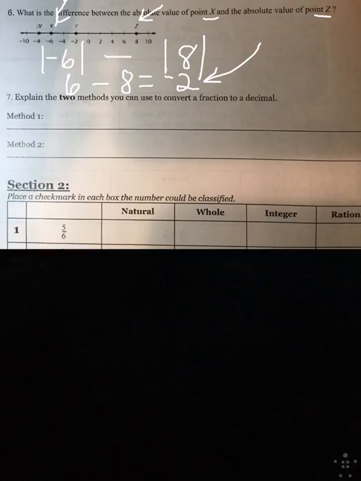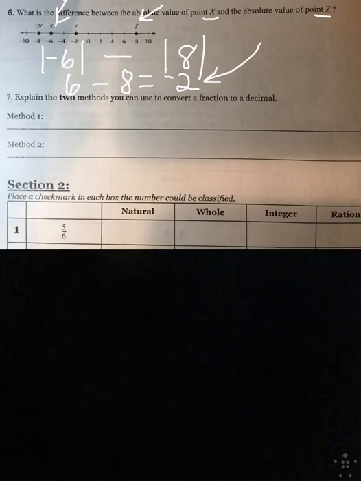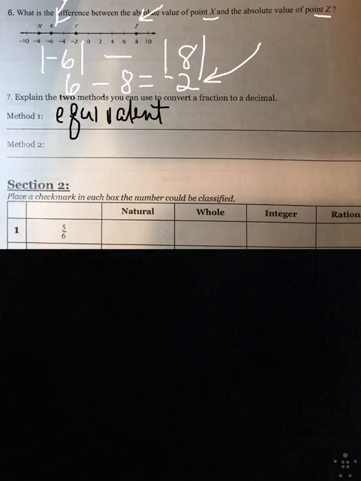And the last question in section 1, explain 2 methods you can use to convert fractions to decimals. Well, the first method that you were shown on the original video of converting fractions to decimals to percents was equivalent fractions.